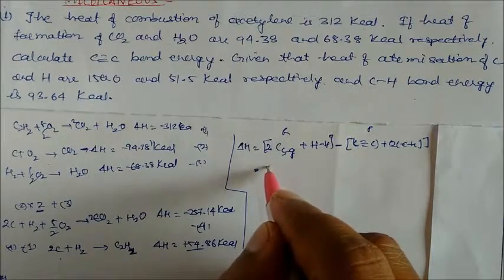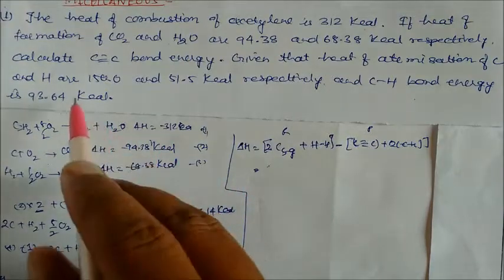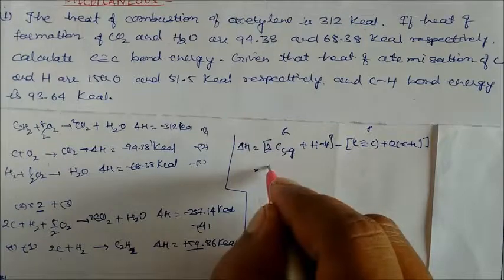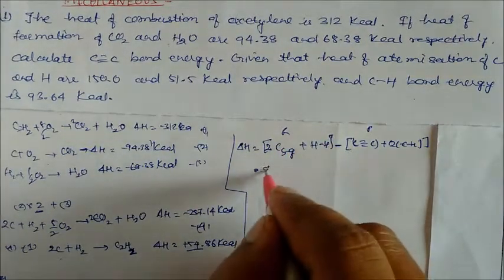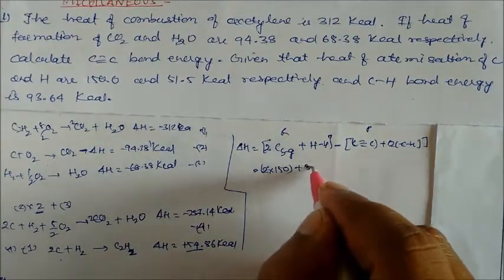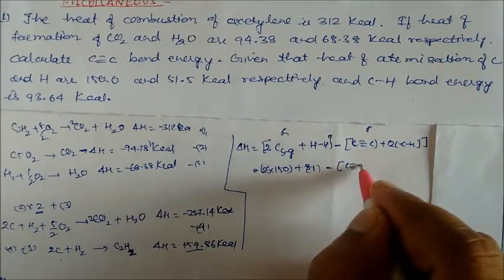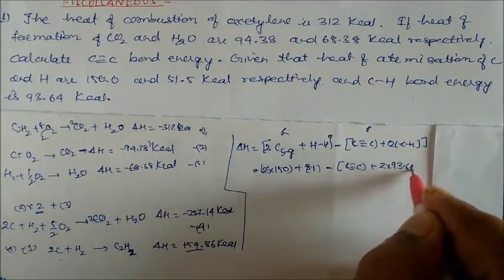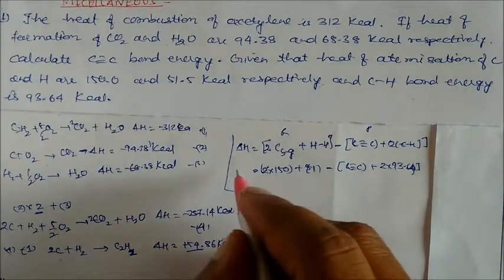The heat of atomization of carbon is 150 per mole, so multiply 2 into 150 directly, and here you write 51 kilocalorie for hydrogen, and this will be the carbon triple bond, which we don't know. And for the C-H bond, 2 into 93.64.